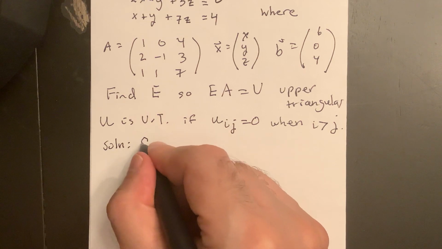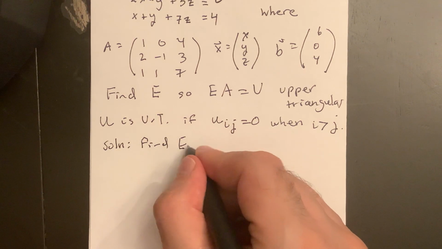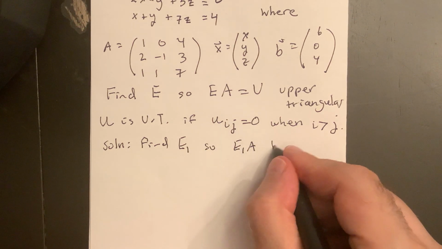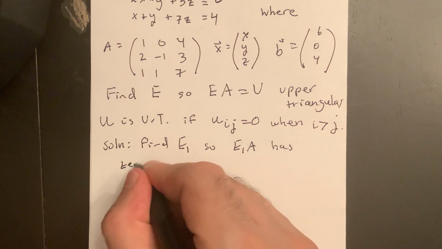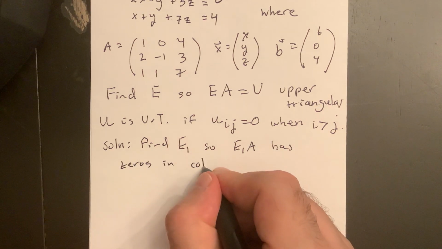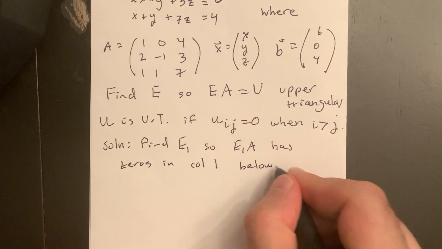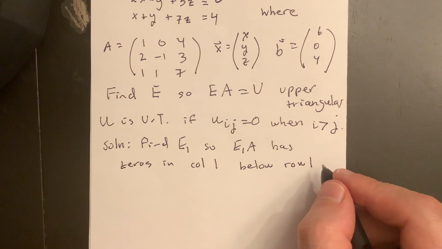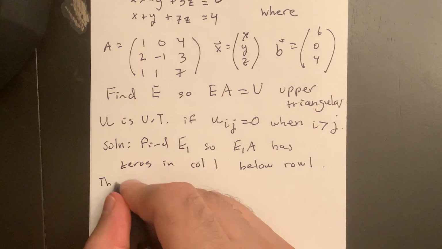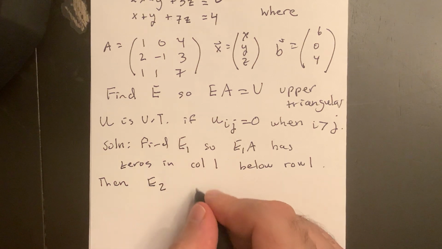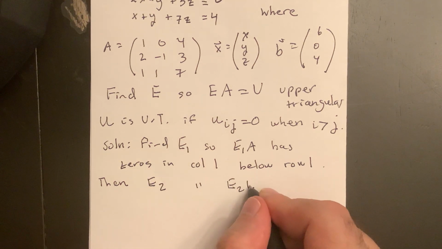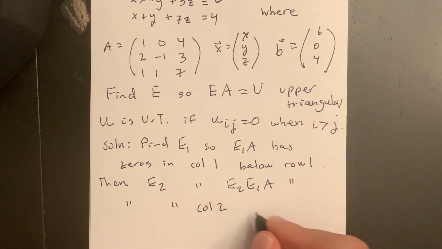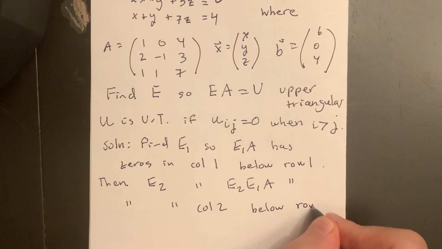Find E1 so that E1A has zeros in column 1 below row 1. Okay, that's our starting point. Then E2, so that E2E1A has zeros in column 2 below row 2.